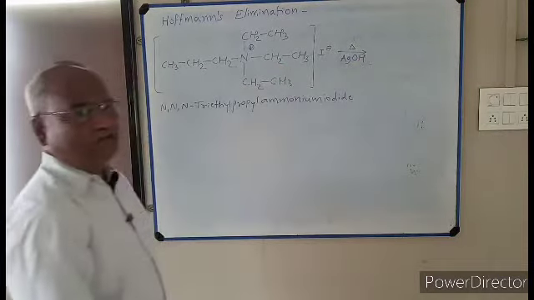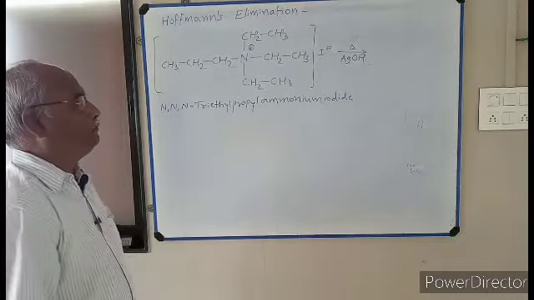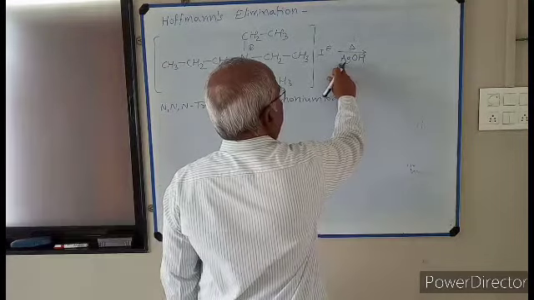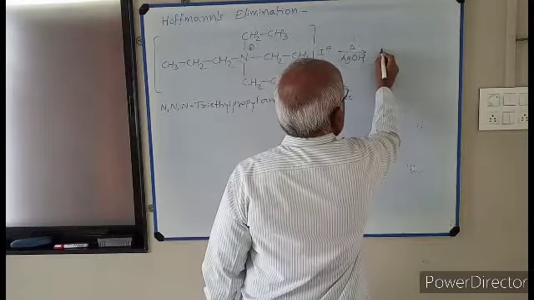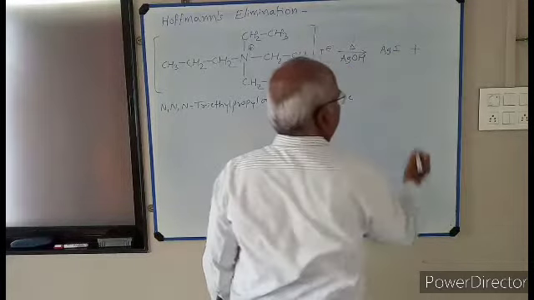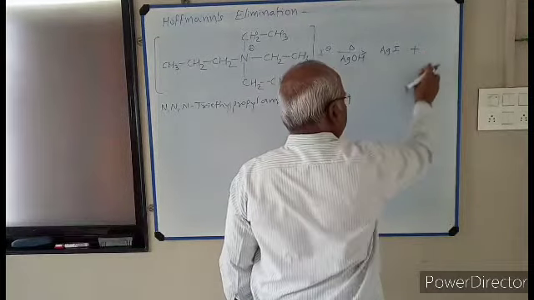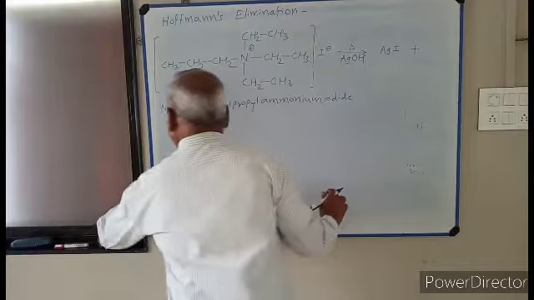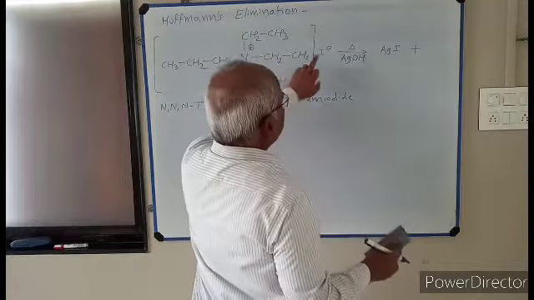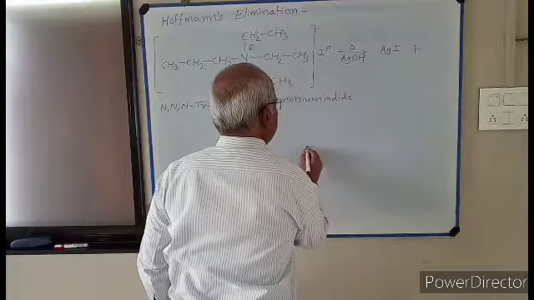Silver hydroxide is obtained from moist silver oxide. Hydrolysis takes place. Ag combines with iodine and silver iodide is formed. Plus, instead of writing product here, I write here. Only simple thing, I minus is replaced by OH minus.